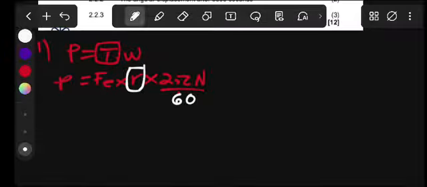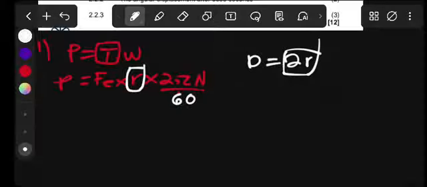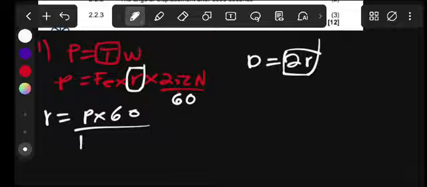We know that the diameter is 2 times the radius. So I can make r the subject. If I make r the subject, r equals P multiplied by 60 divided by effective force multiplied by 2 pi n, like this.